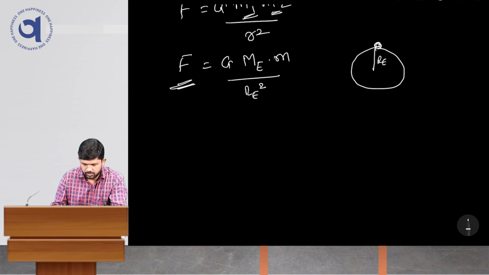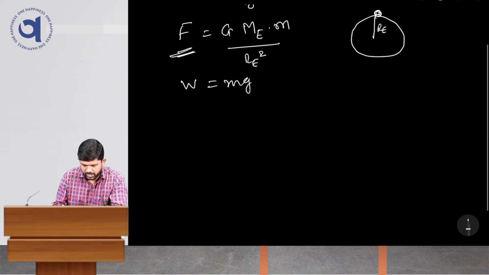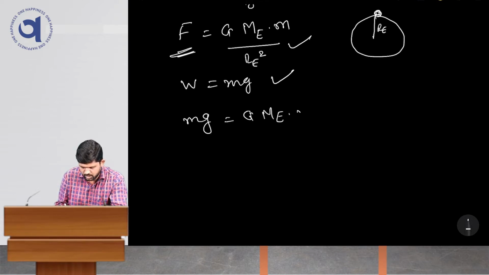Now what is this force actually? Is it the weight? Yes, it is the weight of this object on the surface of earth. So the equation of weight we write as W is equal to mg, right? If we compare these two equations, then we get mg is equal to G me m by re square.